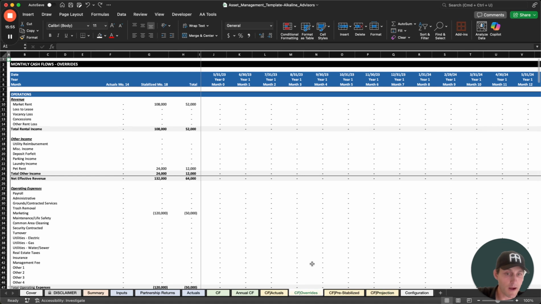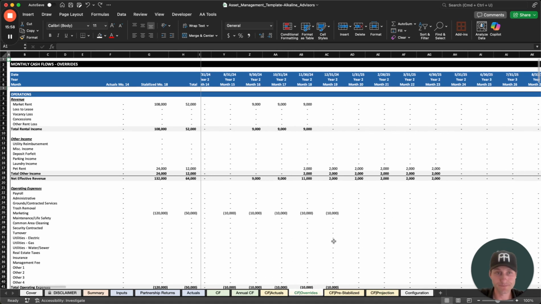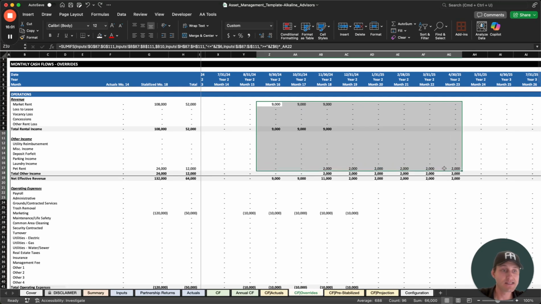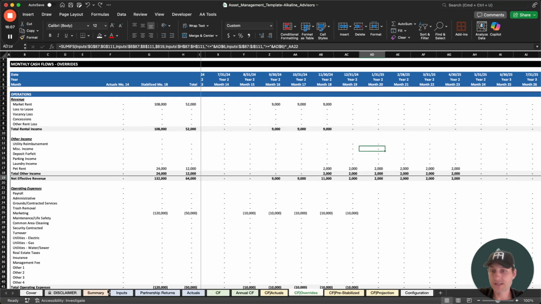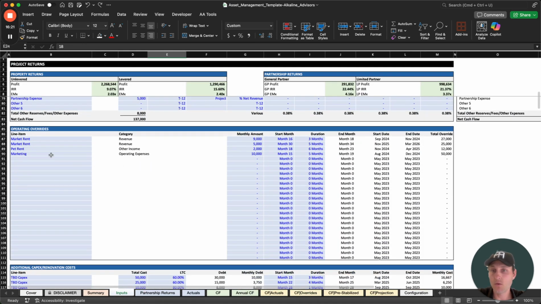What we haven't yet talked about is the cash flow overrides tab. The cash flow overrides tab is saying, well, in a month's period, if, for instance, we know there's going to be additional costs that aren't going to trend neatly in line with a growth percentage of X per year, what we could do is go back to the inputs tab and say, well, we know marketing is going to be $20,000 starting in month 15 because we're running a specific campaign, and it's going to be a 2-month campaign.